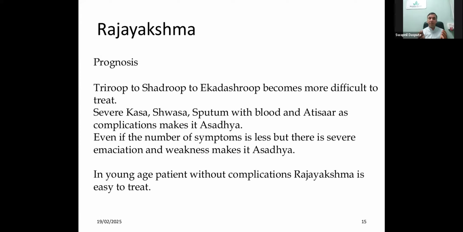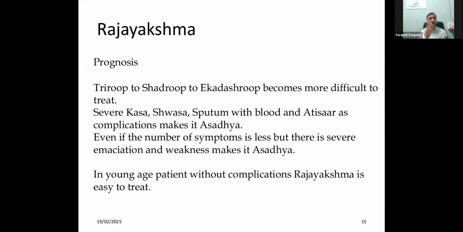Because the purisha, when held in Rajakshma, means that you are holding bala of the patient. When the purisha goes out, when the patient passes stool, there will be severe weakness in the patient, which will be seen. So this is seen in Rajakshma patient.